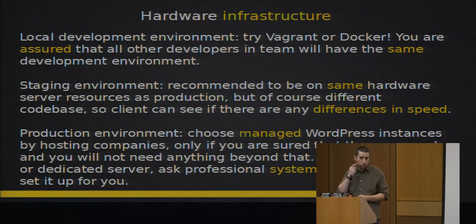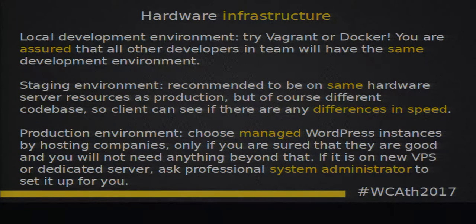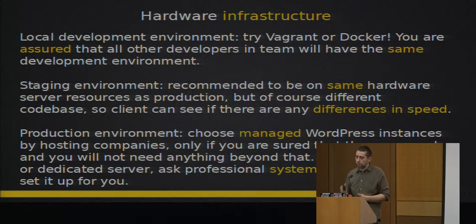So for the local development environment, try Vagrant or Docker. Vagrant is basically a virtual machine. Docker is a little different. It's a development environment for projects, and you're sure that all other developers in the team will have the same development environment.